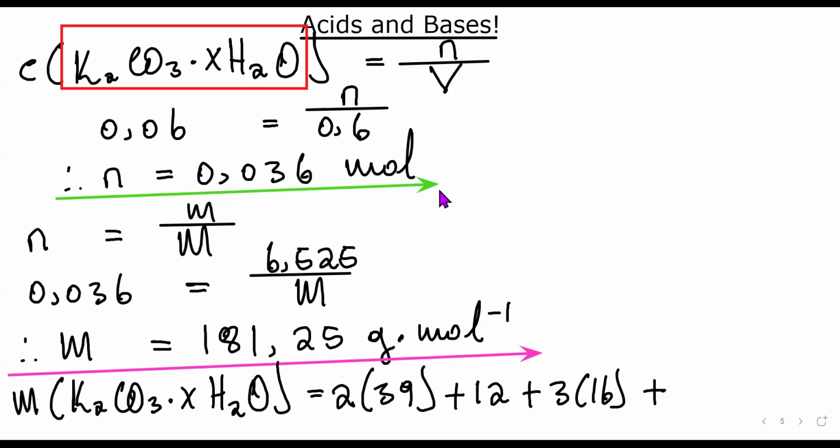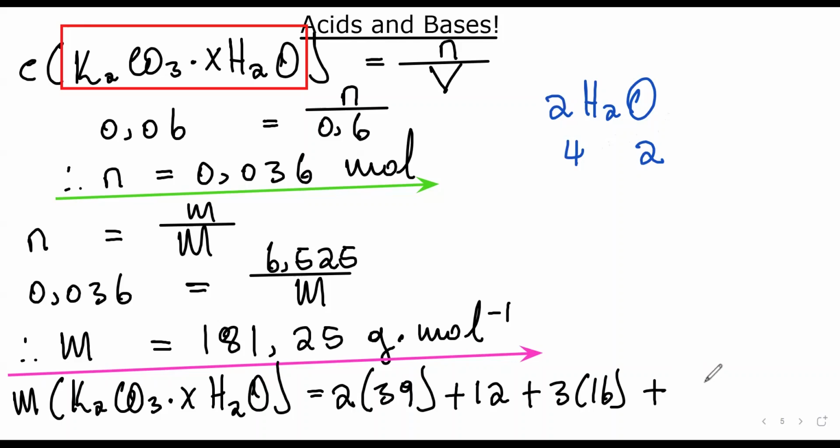And I want you to look at this X very carefully. This X is the same as 2H2O, for instance. What is the meaning of this 2H2O? It simply means that we have 4 atoms of hydrogen and 2 atoms of oxygen.